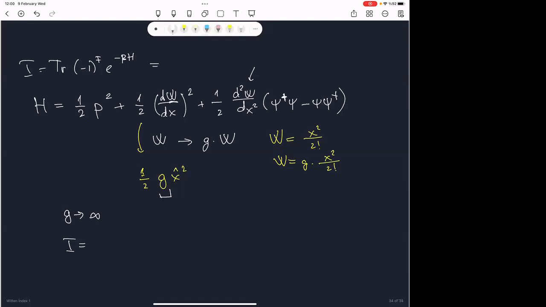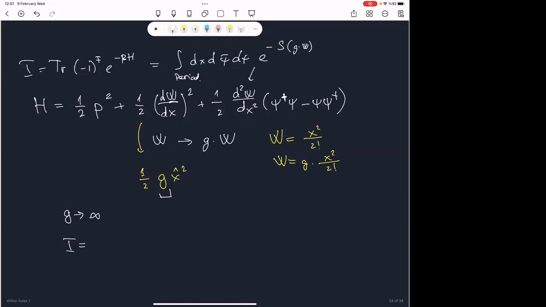So now again, the Witten index is written here. This is some path integral with periodic boundary conditions, okay? And now I'll compute this index for the case where in S I have not just W, but G times W. So again, just expand this action around critical points.